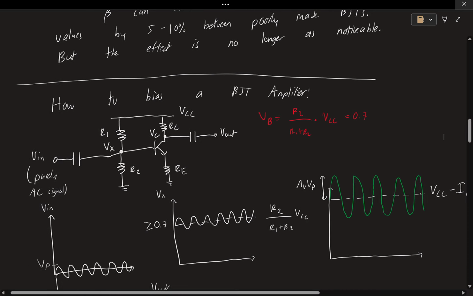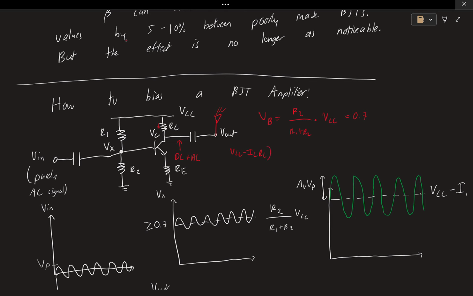So what this means is that if this Vout, let's say, is connected to our antenna, right, you're going to have some sort of DC and AC wave here, right? DC because we have our large signal IC over here, right, and that's going to create a voltage drop across this resistor. So the DC voltage at this node is going to be VCC minus IC RC, right?